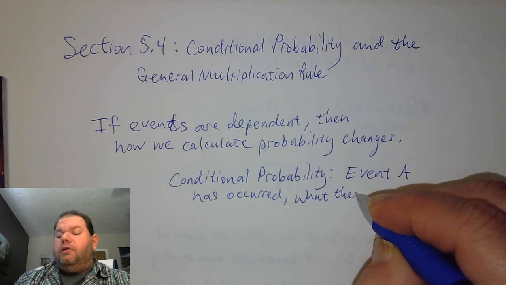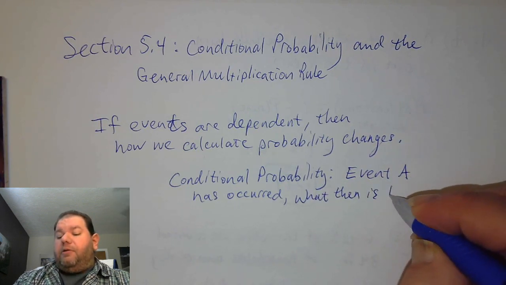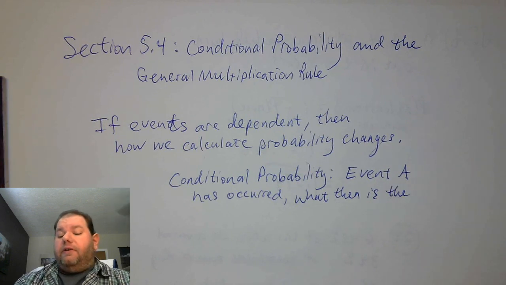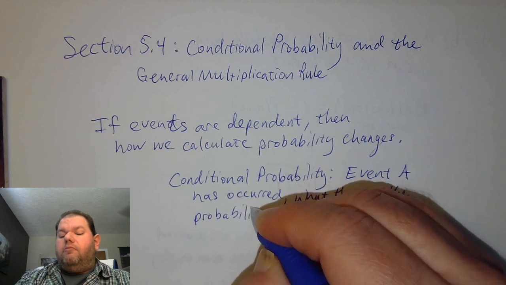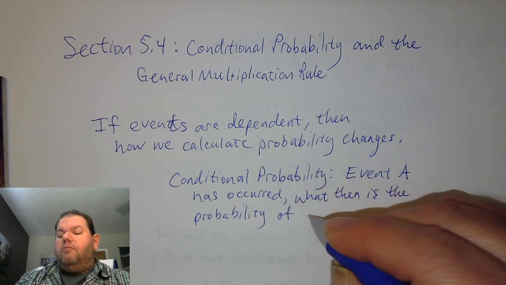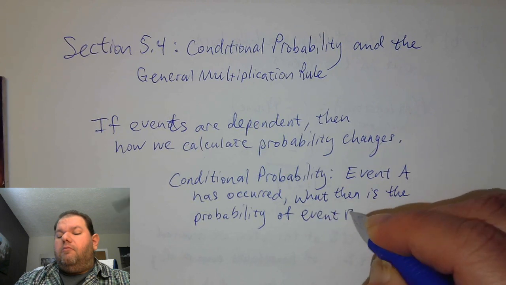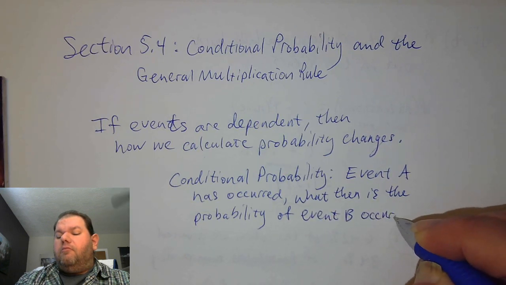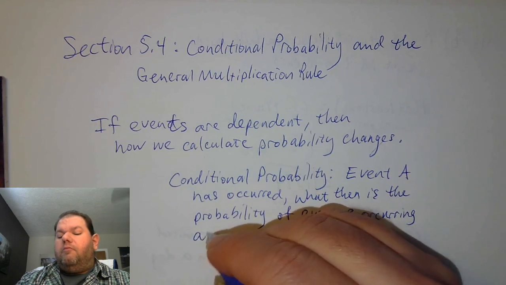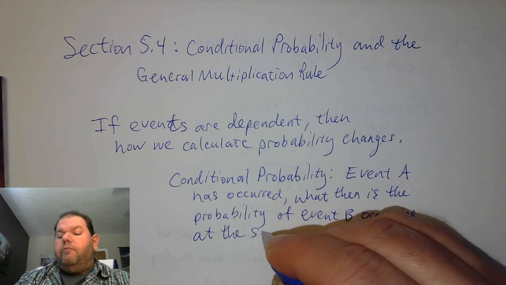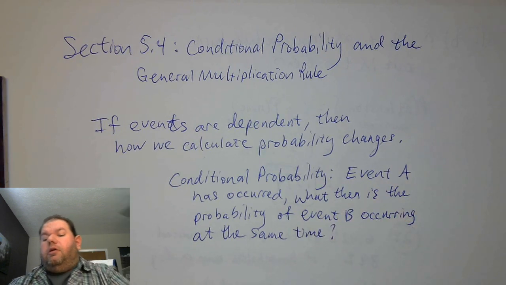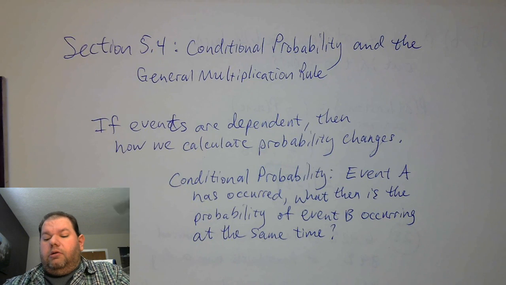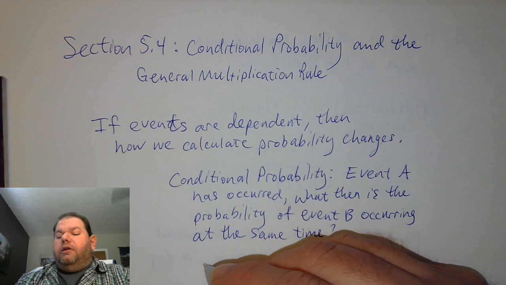What then is the probability of event B occurring at the same time? Okay?